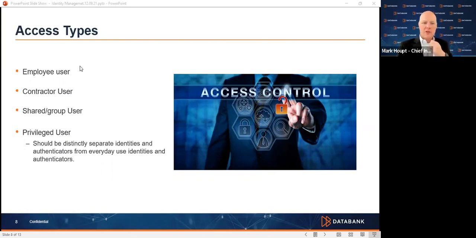So it's my recommendation that you look at having probably 4 different types of access types. And to be quite honest with you, these are the 4 access types that are coming out of the NIST 853 documents.